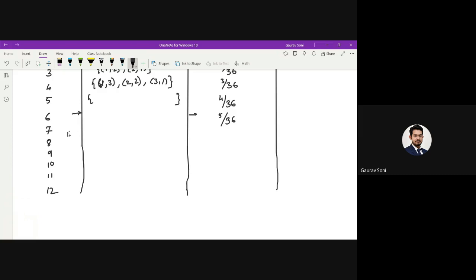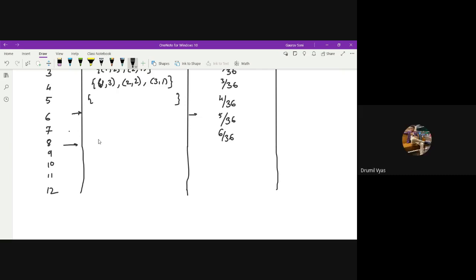Then 7, 6 by 36. 8, 5 by 36. Drumil, tell me the possibilities for the set.